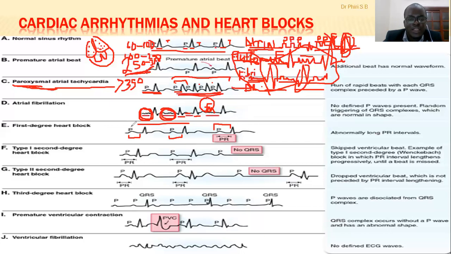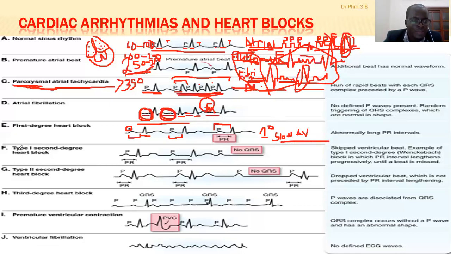So each and every P wave will be conducted to produce a QRS complex. Then this is a first degree AV block. In the first degree AV block, you're just slowing down the action potentials. So there are slow action potentials moving across the AV node, but all the action potentials are being propagated. So this is the first degree heart block.